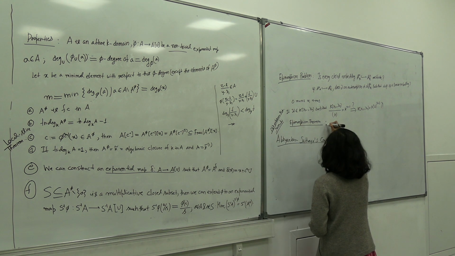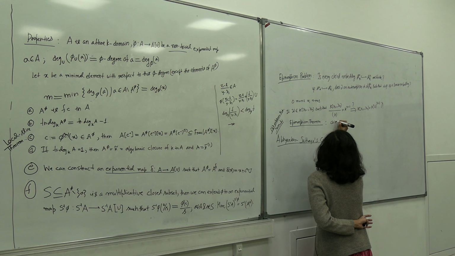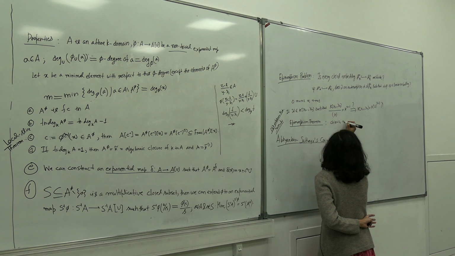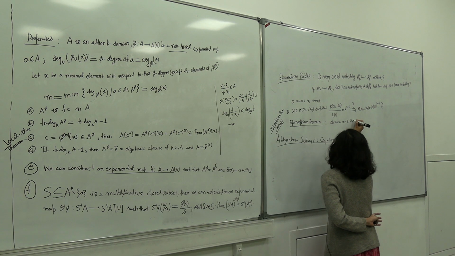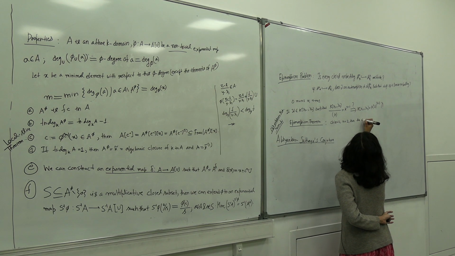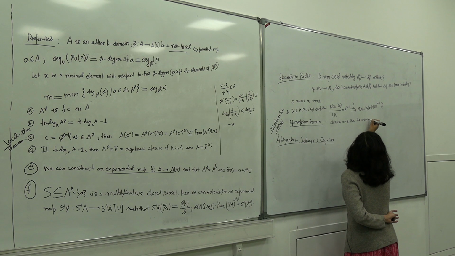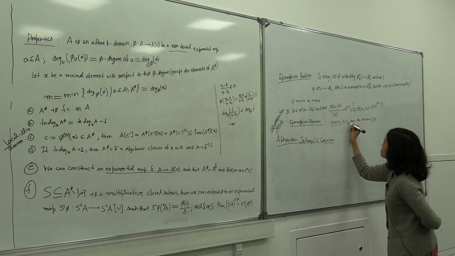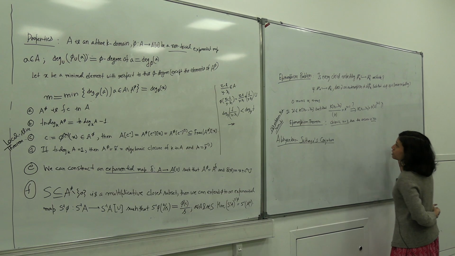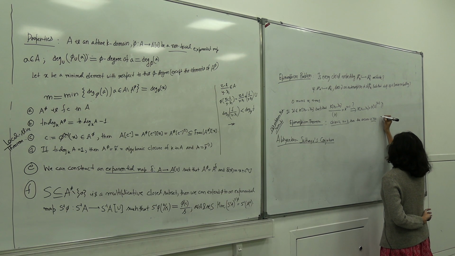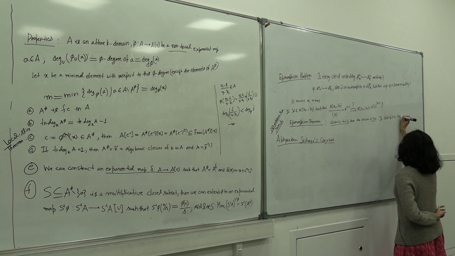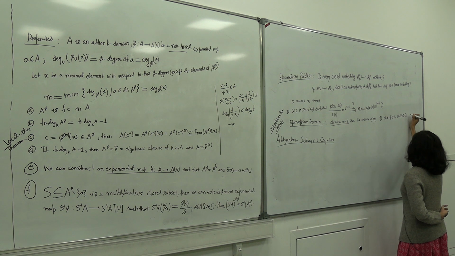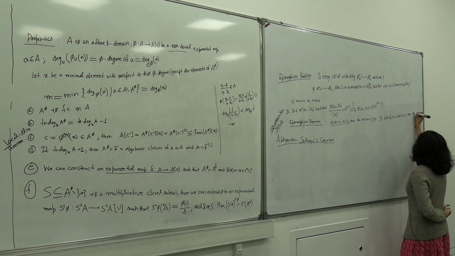They said that yes, if the characteristic of the field is 0 and n is equal to 2, then the answer is yes. But we need these two things. And what will happen in positive characteristic? It was already known. If the characteristic of the field is strictly positive and n is greater than or equal to 2, then there are counterexamples.